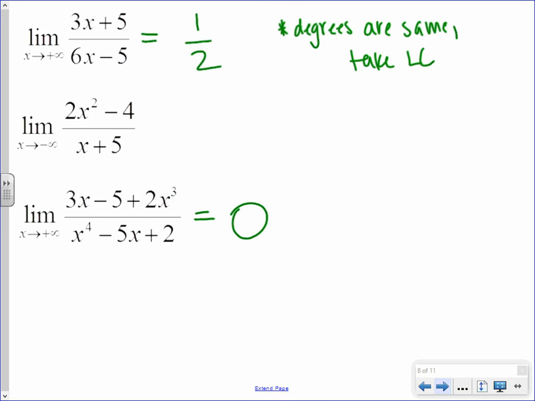Okay, now this middle one is an example of a slant asymptote. Okay, the numerator is bigger than the denominator. I will tell you when we have a slant asymptote, and you can think about the picture.